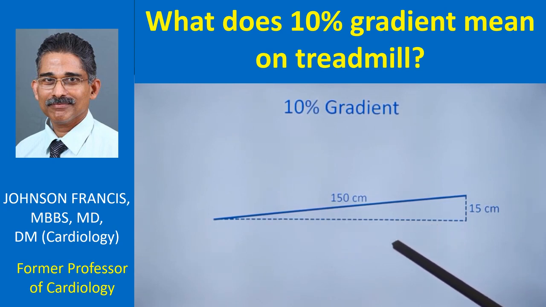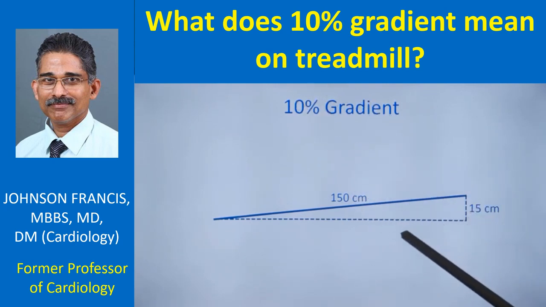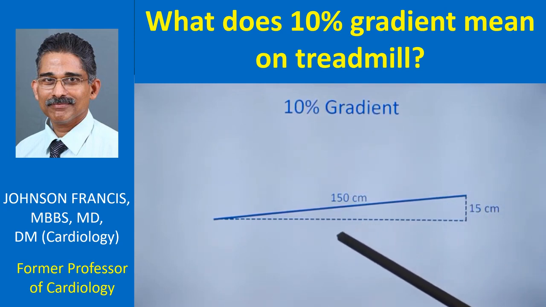But then the confusion was there and the terminology has been changed, so that stage 3 of modified Bruce protocol will be now equivalent to stage 1 of standard Bruce protocol. So this is the concept of gradient, meant to give increased exertion at the same treadmill speed.